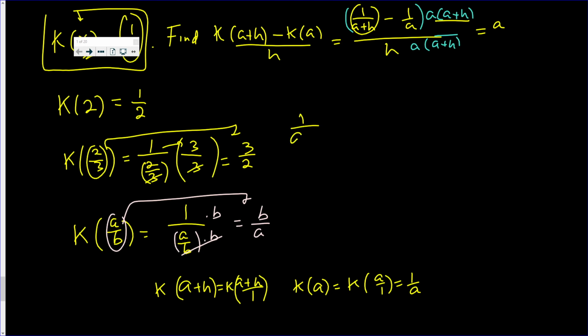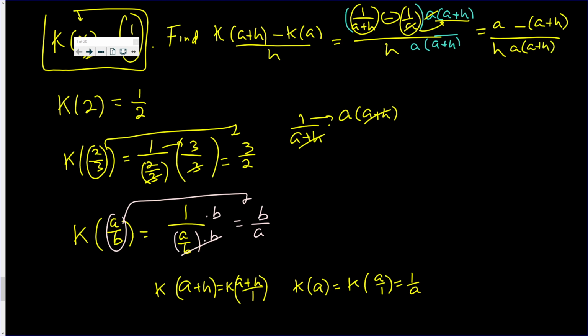Because if you have 1 over a plus h and you multiply by a times a plus h, that cancels out to 1, and you have 1 times a, which is a, minus. Now, when I multiply these two, just the a's cancel out, and I'm left with a plus h, all over h times a plus h.